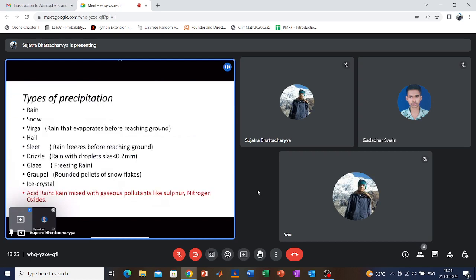Now, these different types of precipitation are listed here. First one is rain. Rain we all know. There is a difference between precipitation and rain. Precipitation can be all of these, but rain is peculiar, because it only sheds water droplets, whereas precipitation consists of both water droplets plus snow and all others, ice crystals.